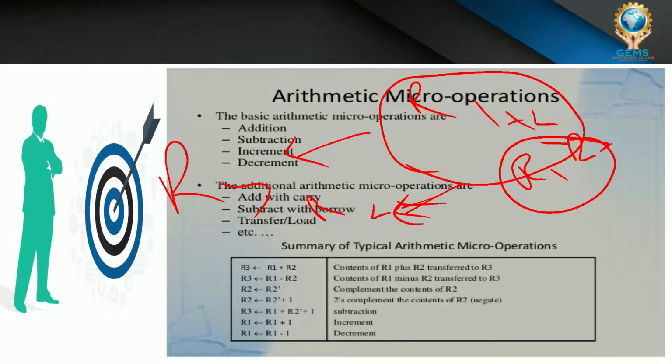They are for transferring the data. That's why this entire chapter talks about register transfer language. What is register transfer language? We are transferring data from one register to another register.